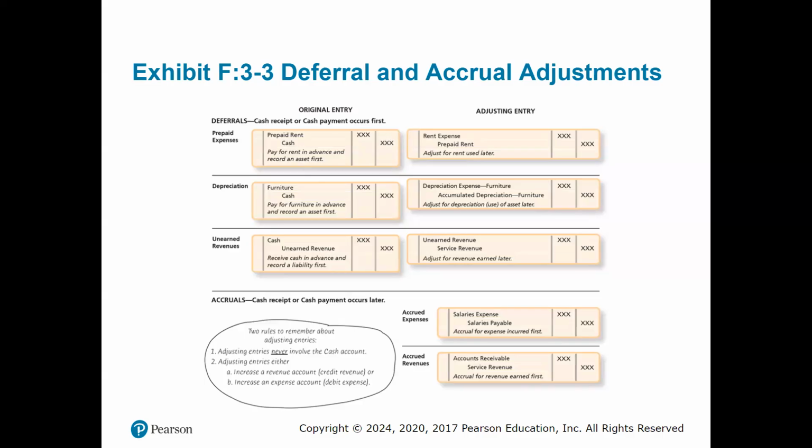They're not going to be like reclassifications between two assets, for example. So if you look at these adjusting entries, we've got rent expense, we've got depreciation expense, we've got service revenue. So they're hitting an income statement account somewhere in the entry for those adjusting entries.